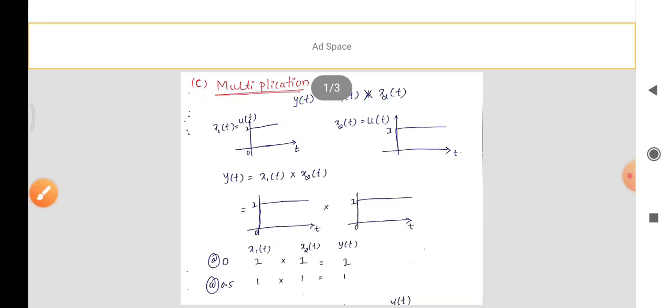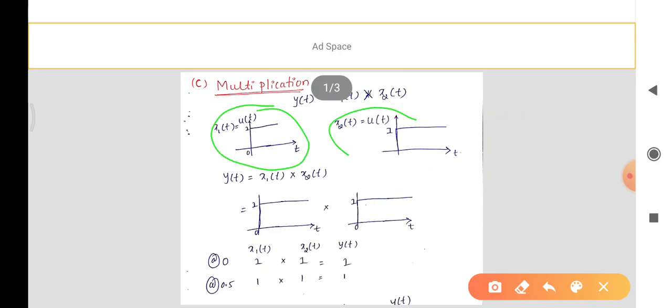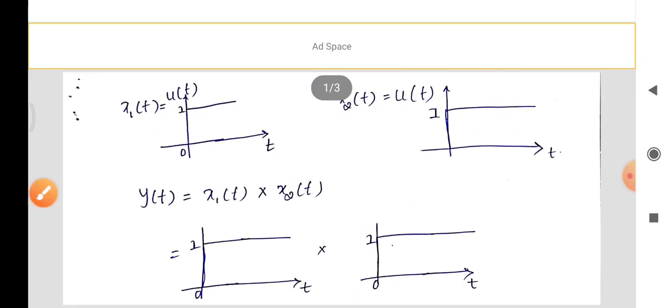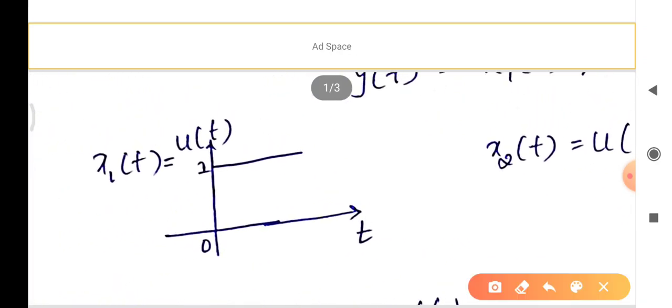Now what we have done is x1 of t is u of t, and x2 of t is also u of t. Observe, u of t is your unit step signal, and this is another unit step signal. When you observe these two, those two are the same. u of t is a unit step signal with a magnitude of 1.